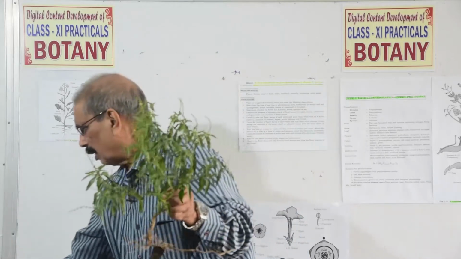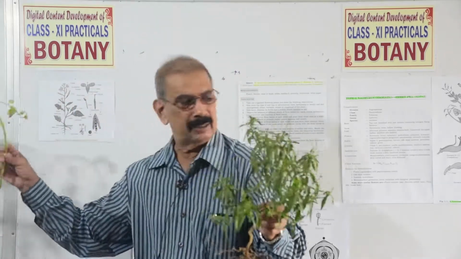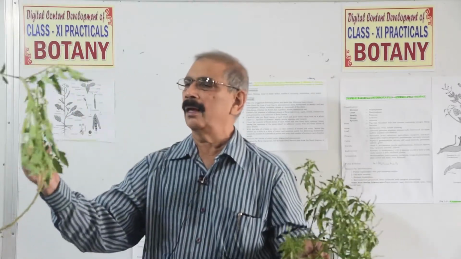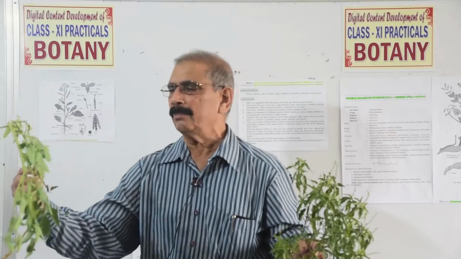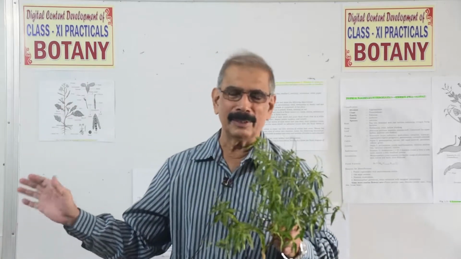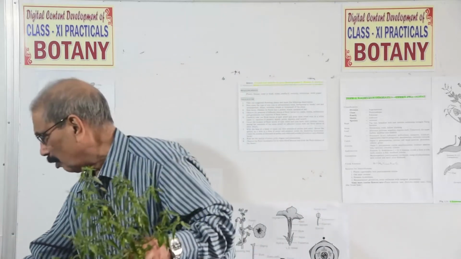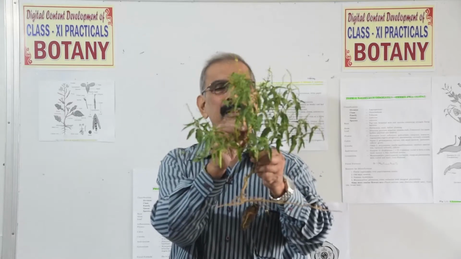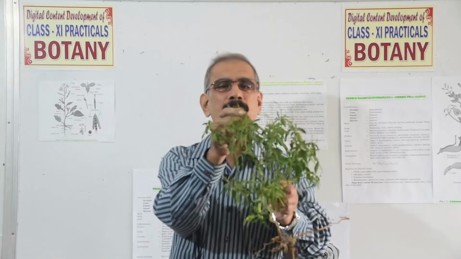This is the case where you will find a compound leaf. This is a compound leaf. In this case, this is a tomato plant, Solanum, and this has compound leaves, but here you will find simple leaves, and there are flowers.